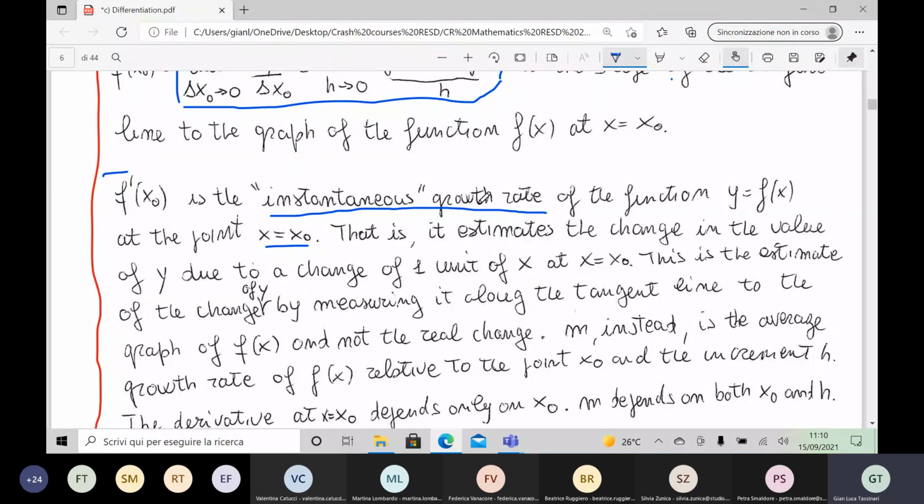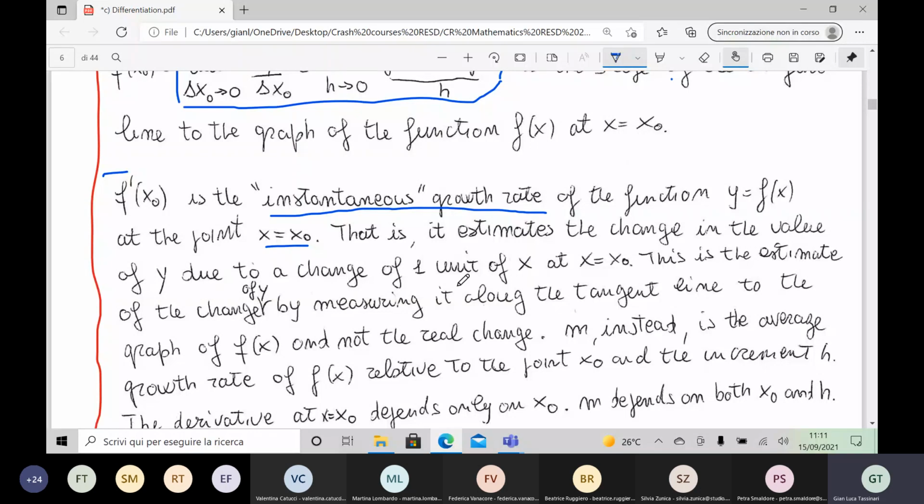I explained the meaning of instantaneous growth rate. That is the derivative f prime of x0, which is a number because it's the slope of the tangent line to the graph of the function at x0, and which is also called the instantaneous growth rate. It is a measure, an estimate, of the change in the value of y, your function, due to a change of 1 unit of x at x equal to x0.